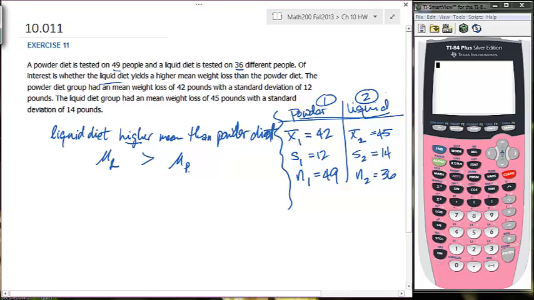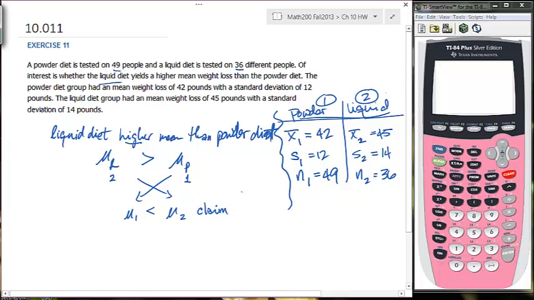So if we were going to label this with mu sub 1 and mu sub 2, mu sub 2 is going to be up there first. So just to keep things nice for our calculator, let's switch this around and let's label mu sub 1. So this sign has to be switched also. Mu sub 1 is going to be less than mu sub 2. So this is going to end up being our claim.